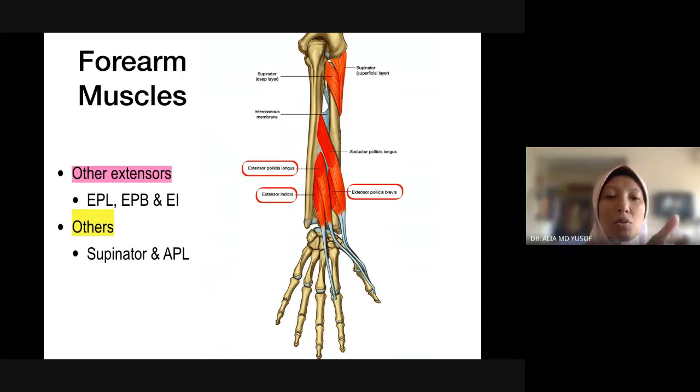So you can imagine when they pull dia punya fiber, dia akan extend dia punya MCPJ, second digit MCPJ macam ni.